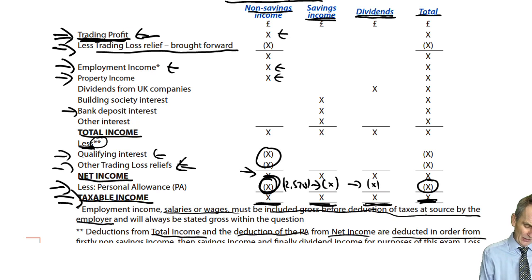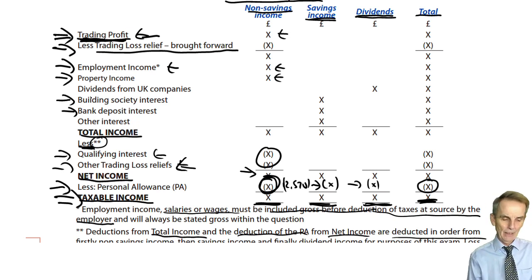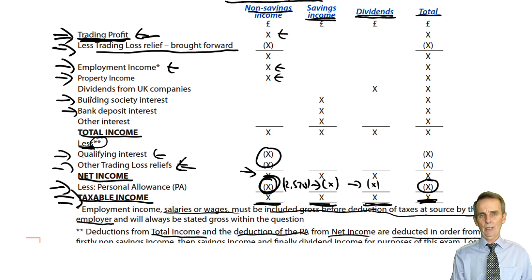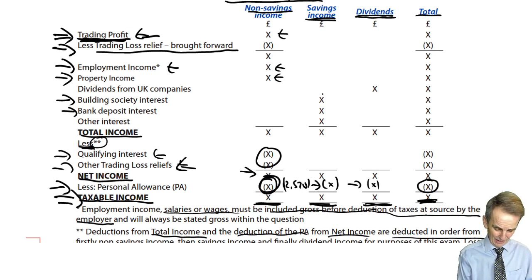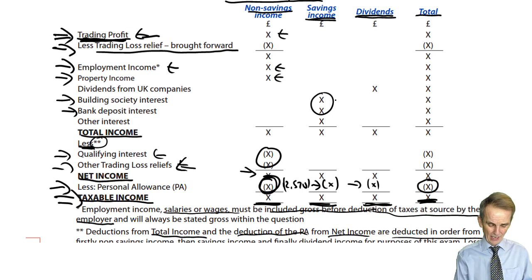Another form of saving, and hence savings income, where you put money into an account that gives you interest, is what's called building society interest. You don't have to worry what they are. All you've got to recognise is that if it's building society interest received in the tax year, it goes here on the income tax computation, and it's classified along with the bank interest as savings income.